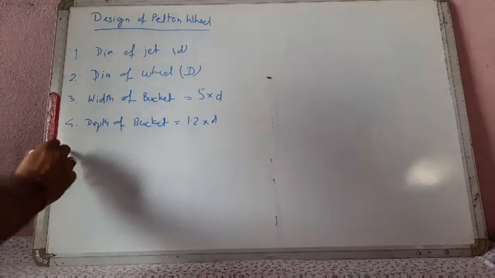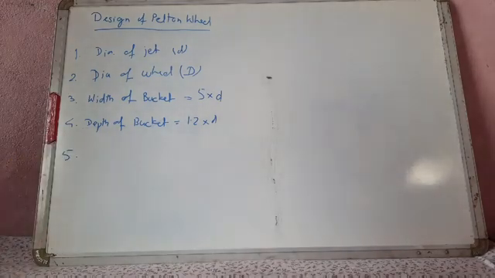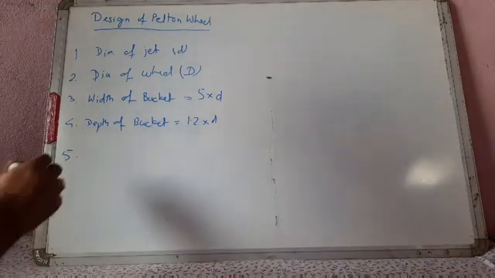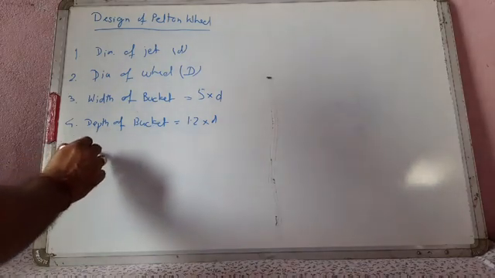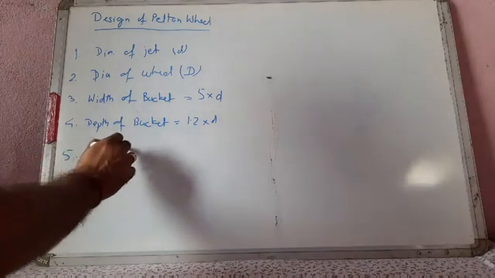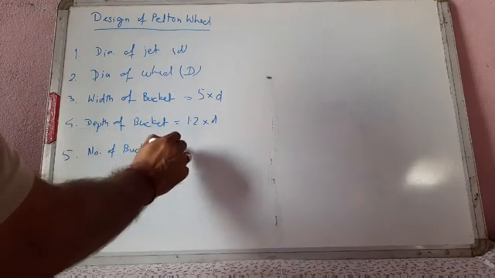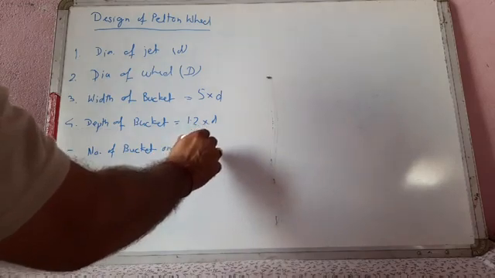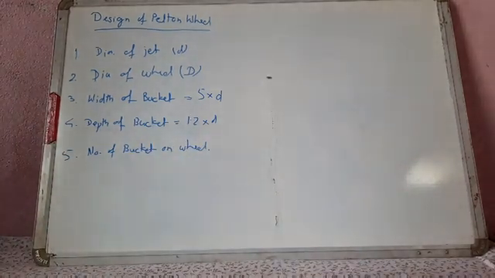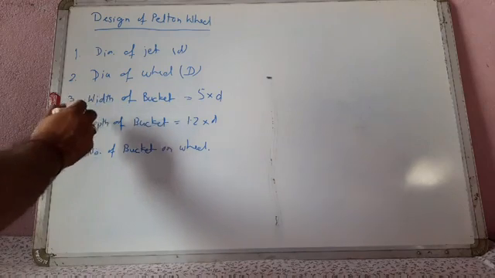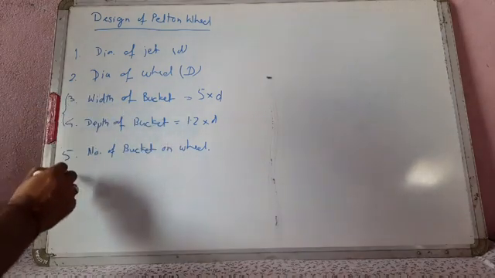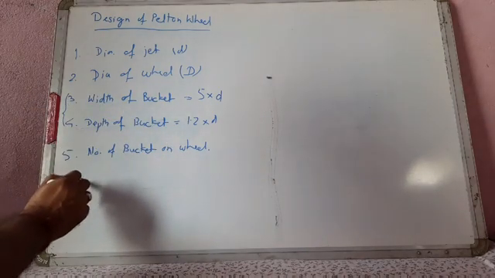And next important point is number of buckets on the wheel. Size of bucket means the width and depth of the bucket. So sometimes in place of width and depth, the size of the bucket may be asked.